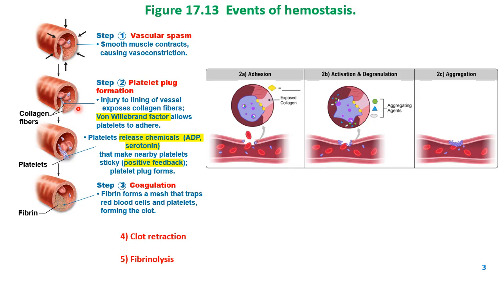Okay. Now the second thing that happens is the activation of your platelet plug. Okay, so the activation of the platelet plug has actually these 3 stages. Right. So the first stage is that collagen fibers are going to interact with these little purple things here. Those are your von Willebrand factors.